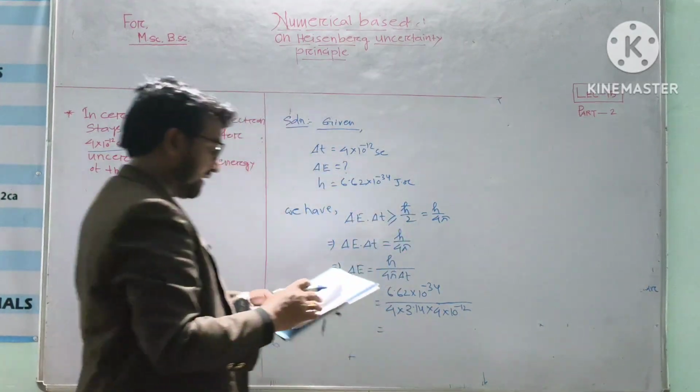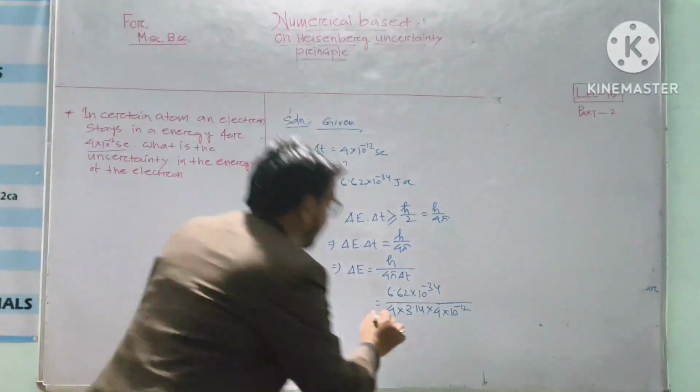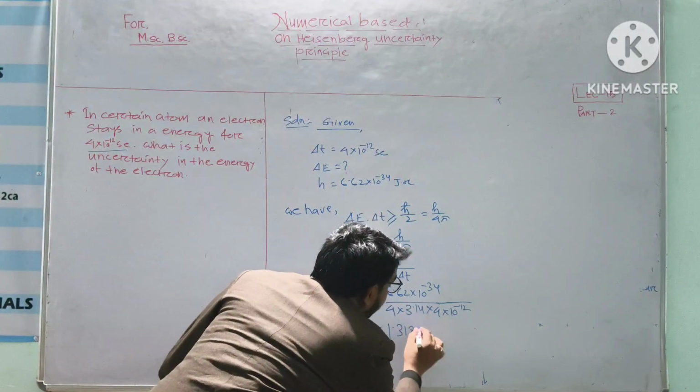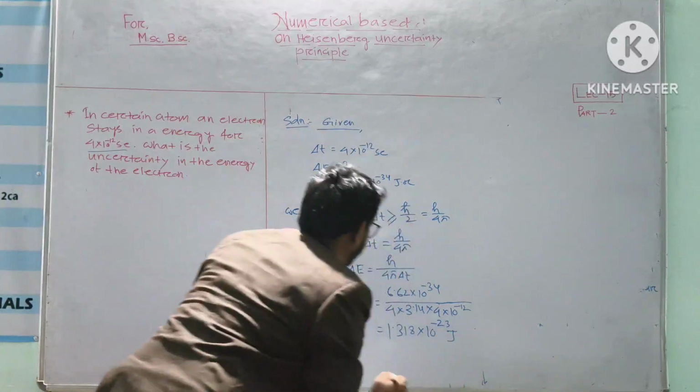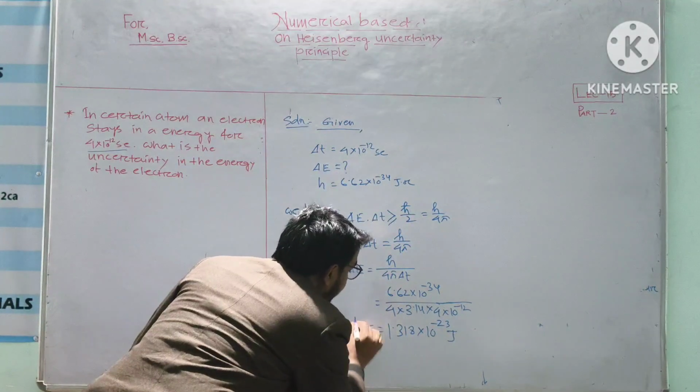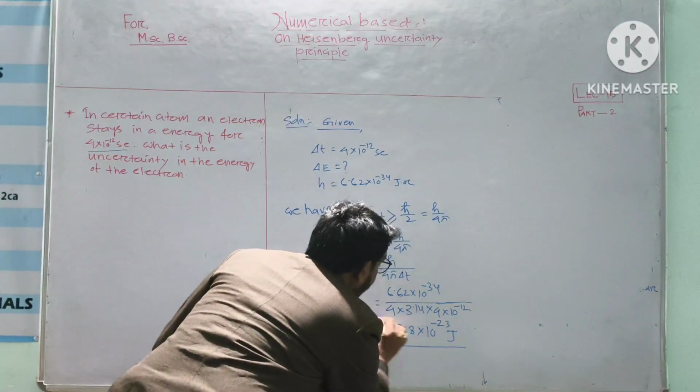After solving, we get 1.318 into 10 to the power minus 23 joule. So this is our required answer, the uncertainty in energy.